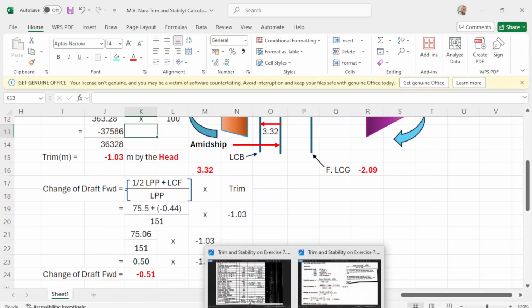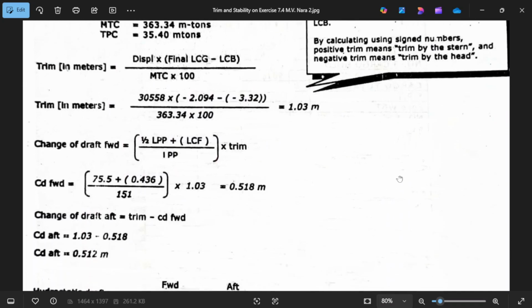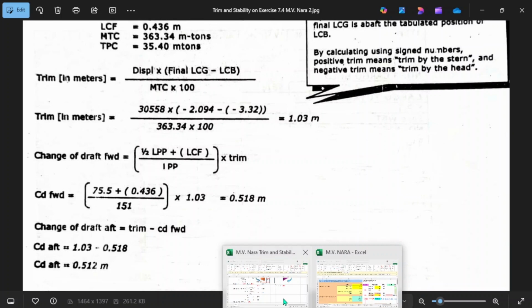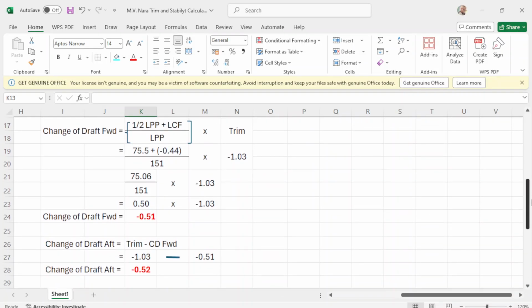Okay, he got 518. I got 51, and his change of drop up is 0.512, and I got half change of drop up is 0.52.